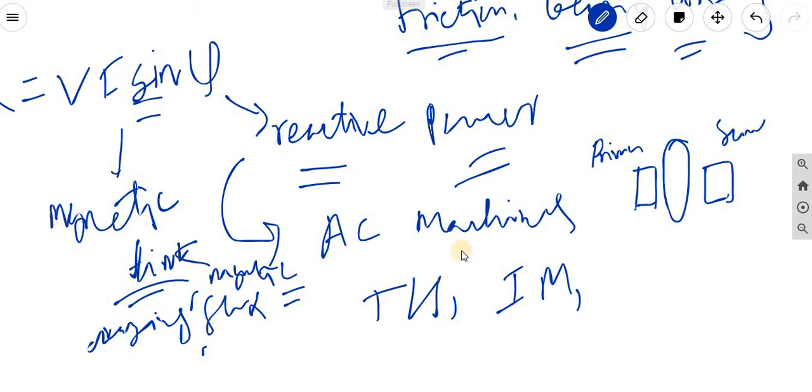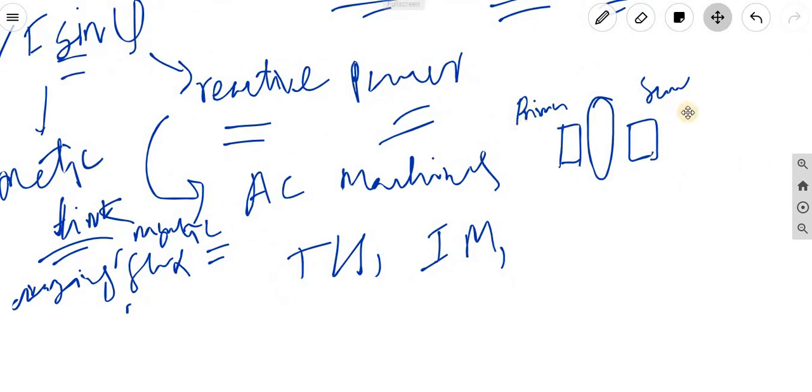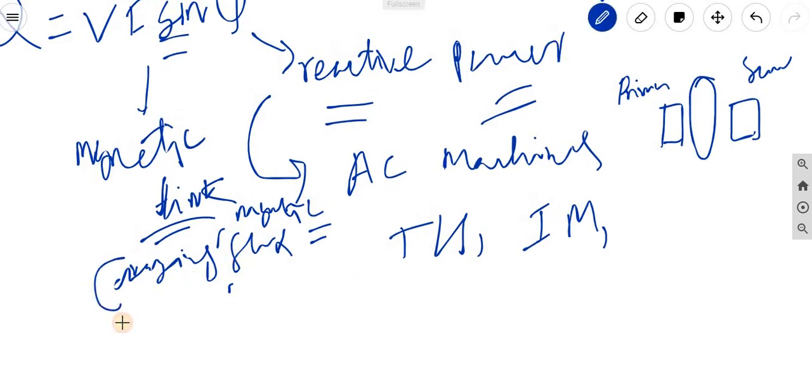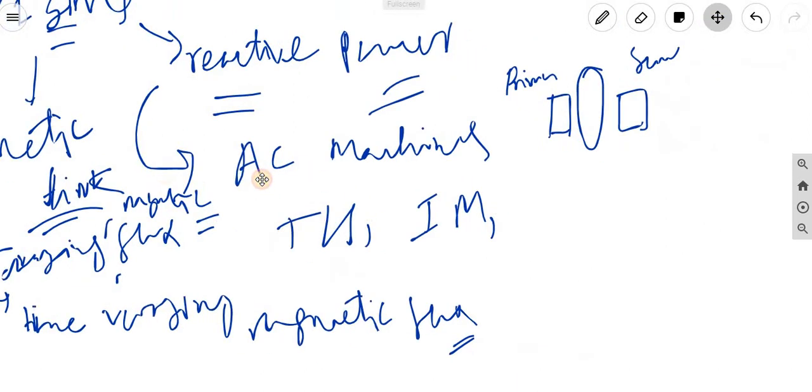The reactive power links the magnetic flux from the transformer primary to secondary, and generates the time varying magnetic flux.